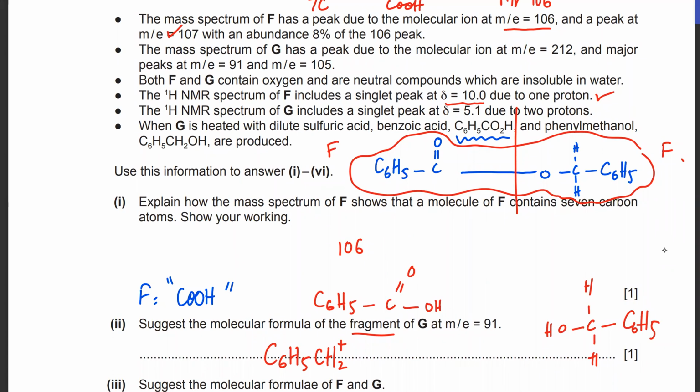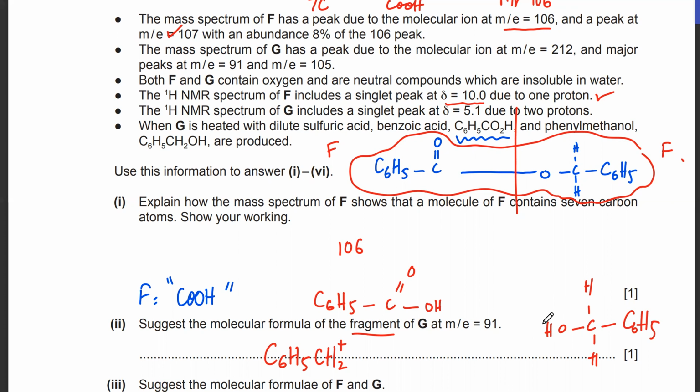Okay, that's good. And then how many hydrogens are there? It's got C6H5, which is 5 hydrogens over here, plus 2, so 7.